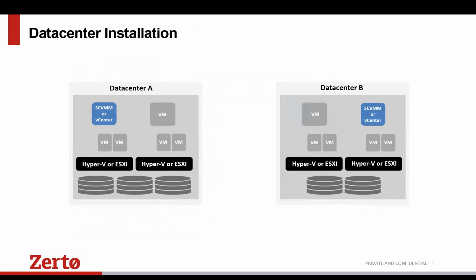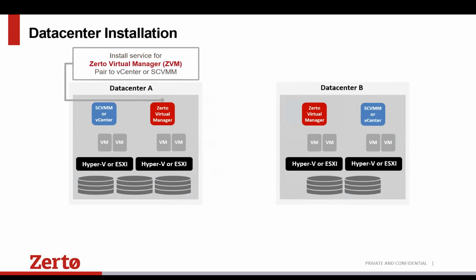In terms of the installation process for Zerto, it is extremely simple. And the first task is to install our Zerto Virtual Manager service into the management VM provisioned and pair it to the vCenter or the System Center for the integration into the virtual environment and the virtual awareness.